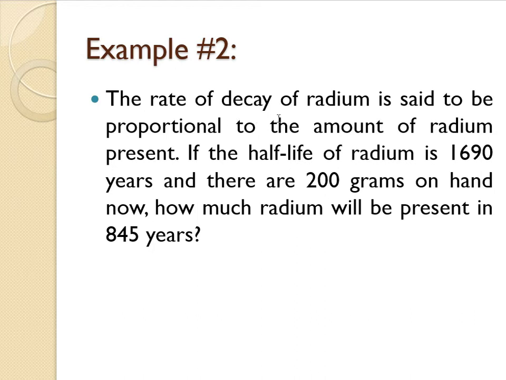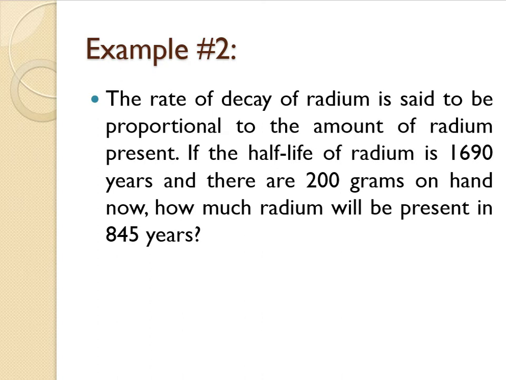The rate of decay of radium is said to be proportional to the amount of radium present. If the half-life of radium is 1690 years, and there are 200 grams on hand now, how much radium will be present in 845 years?